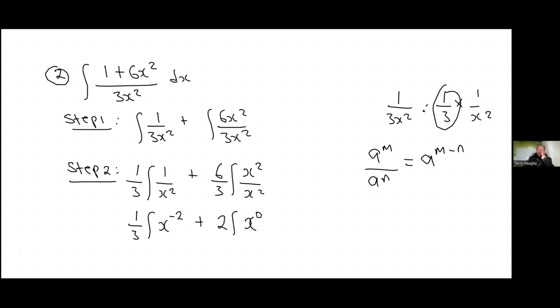So you can go back to my videos on the laws of indices and apply this. So x raised to the power 2 divided by x raised to the power 2 is going to give us x raised to the power 2 minus 2, which is x raised to the power 0, which is equal to 1. But for the sake of what I'm going to do here, I'm going to use x raised to the power 0, okay? All right, so let me clean this off.